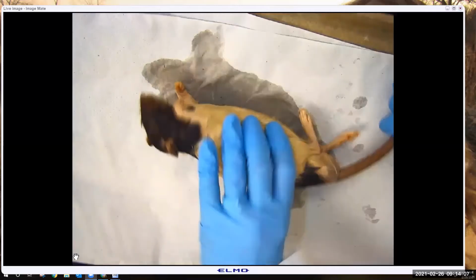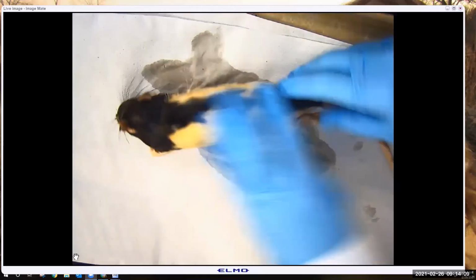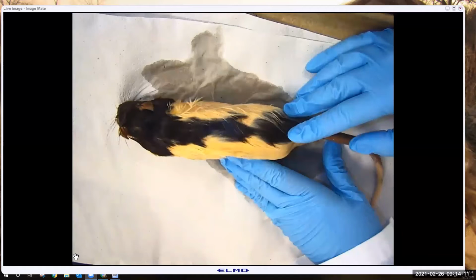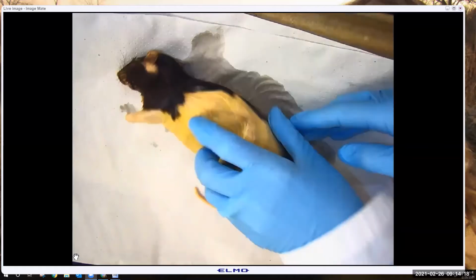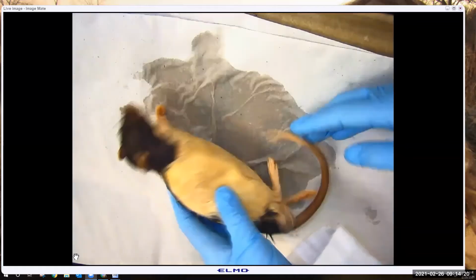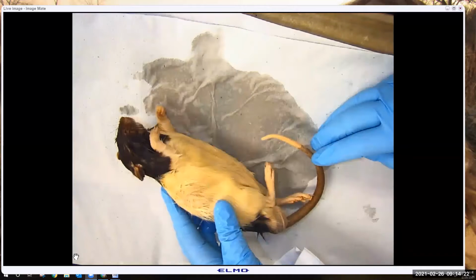Anybody miss some data on the rat? Okay. All right. We have 2 down. We have some to go. Which organism's next?